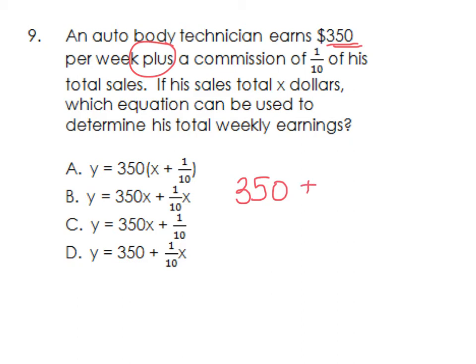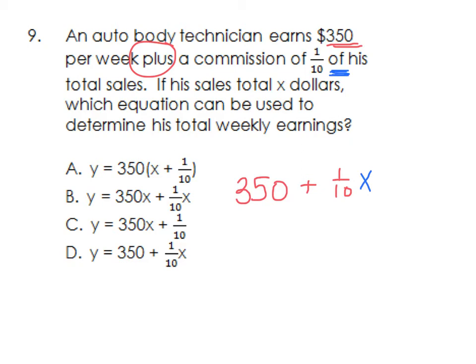So let's put plus 1/10. 1/10 of what? Well, 1/10 of his total sales. We don't know what his total sales are, so we're just going to call that X. Because when we say 1/10 of, we're saying multiply 1/10 times his total sales of X.